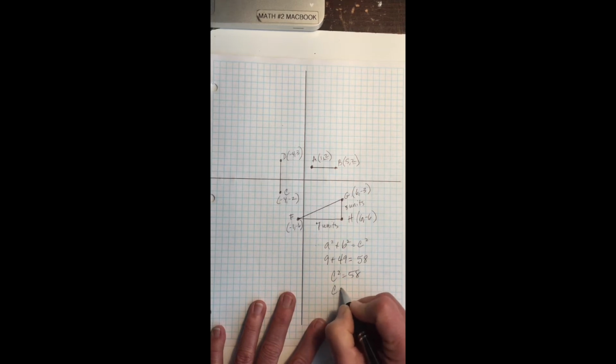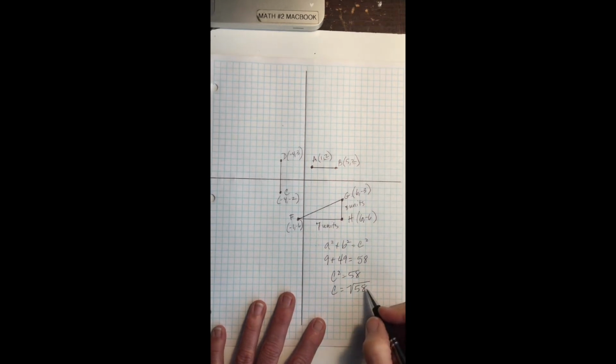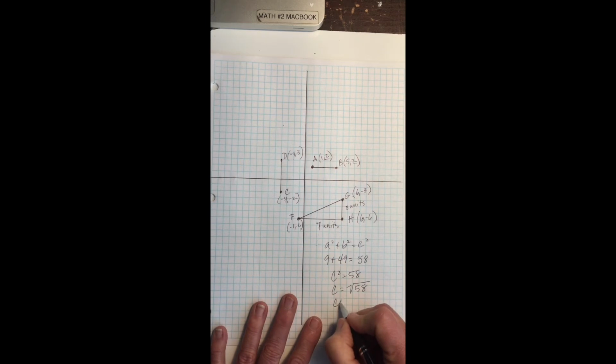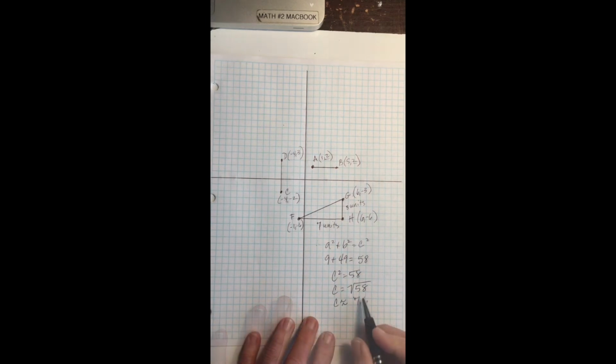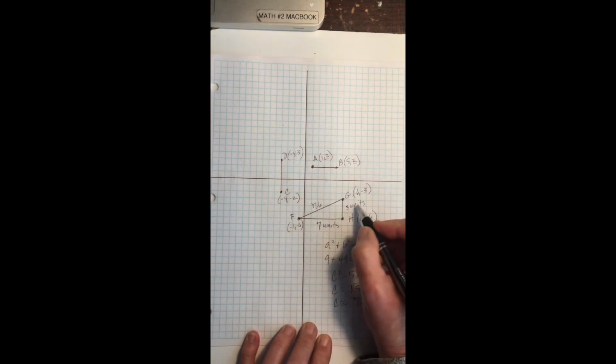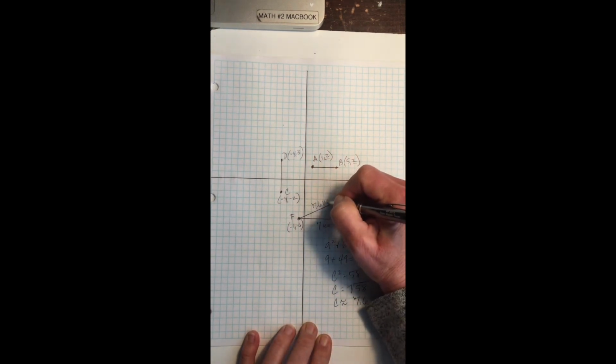We take the square root of both sides of this equation, and we have the square root of 58, which I don't believe can be simplified. But if we put that in a calculator, we can approximate it. The square root of 58 is approximately 7.6, which makes sense because it is greater than 7 units and obviously greater than 3 units.